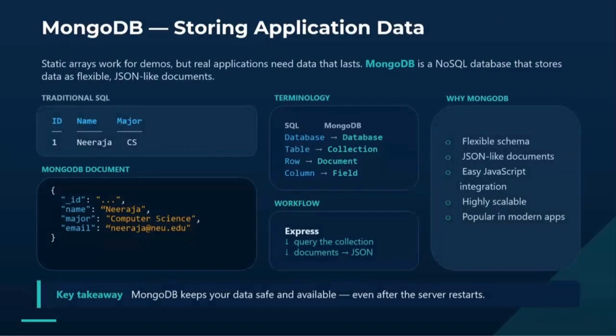Every modern web application needs somewhere to permanently store its information. If we stored our student list inside a JavaScript array, the data would disappear every time the server restarted. That's why we use databases. During this course, we learned MongoDB, which is a NoSQL document database.